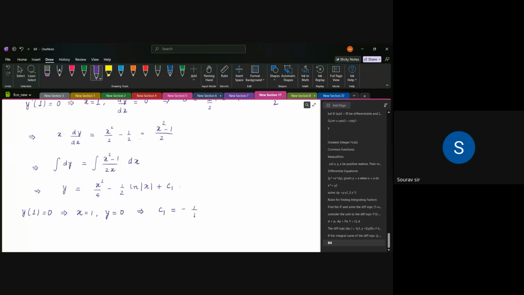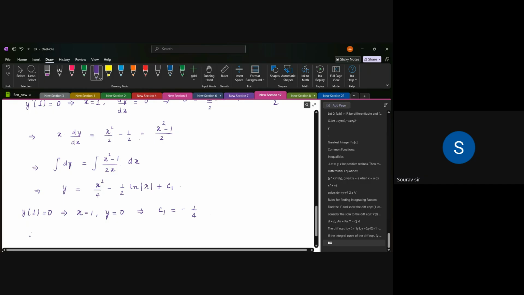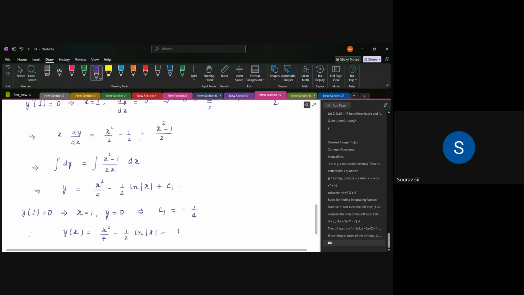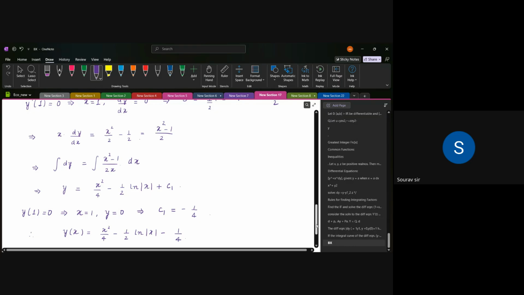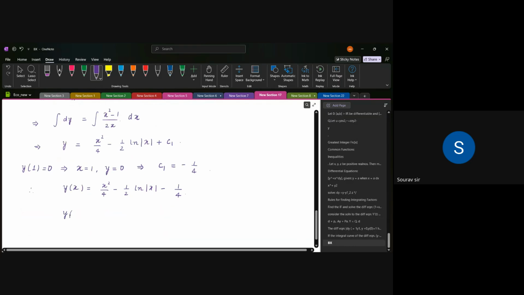Yes, minus 1 by 4 is coming. Minus 1 by 4, right? So that means your final solution is y equals x square by 4 minus half log x minus 1 by 4. So what is your y of 2? That is what we need to find out.